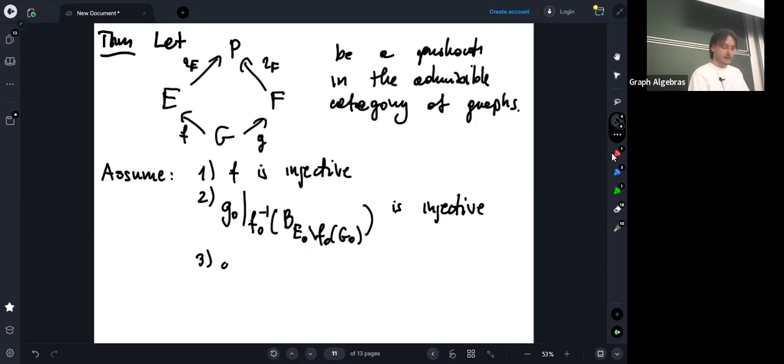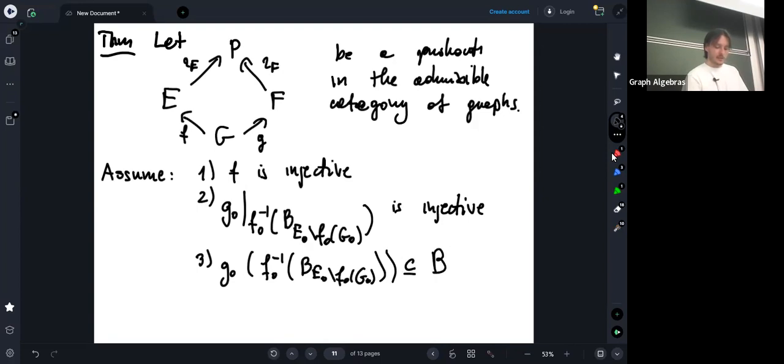And then the last condition is that not only we want this to be injective, but we also want that this condition is satisfied, that this is inside breaking vertices. Okay, and then I run out of place, so I'll be running back and forth. Then the induced maps, the induced homomorphisms, now I look at the level of Leavitt path algebras, because I was not talking about graph C-star algebras.